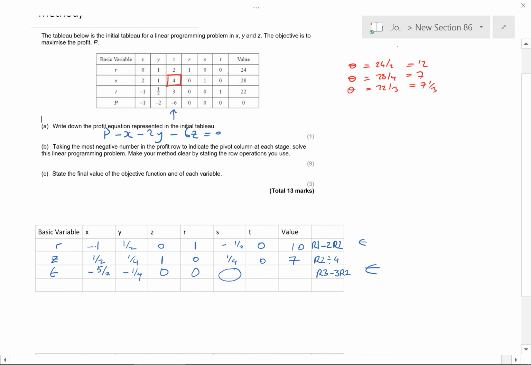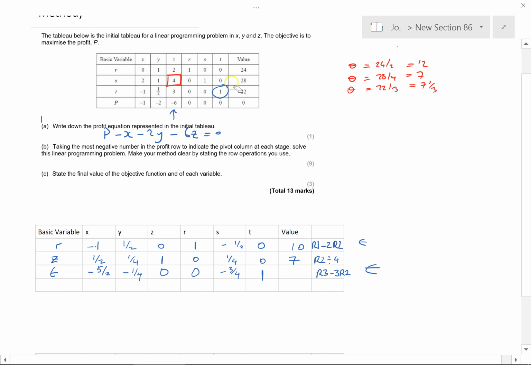Take away 3 times a quarter. So that makes that minus 3/4. This number here is equal to the old number here, 1. Take away 3 times 0. So that's unchanged, that equals 1.